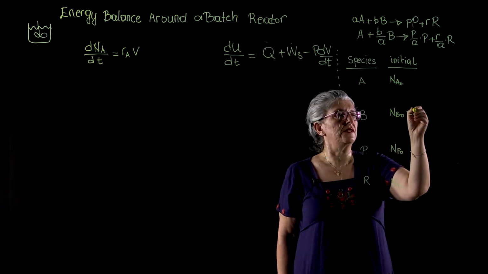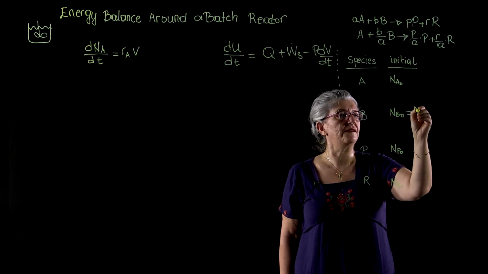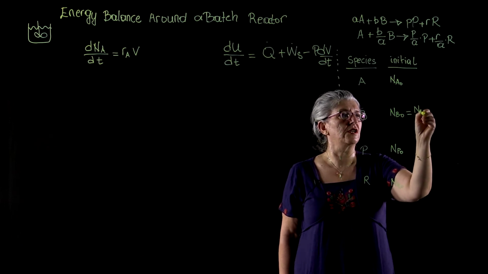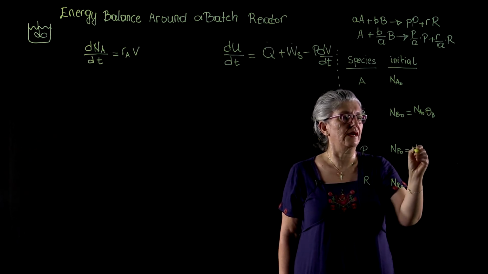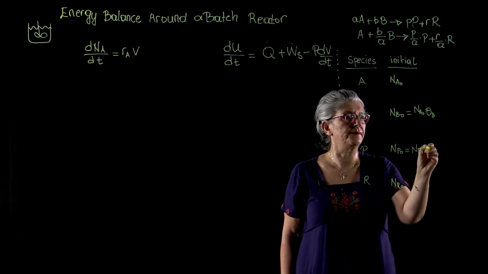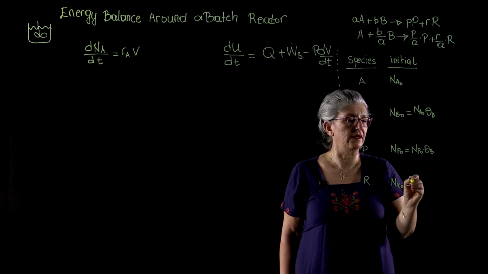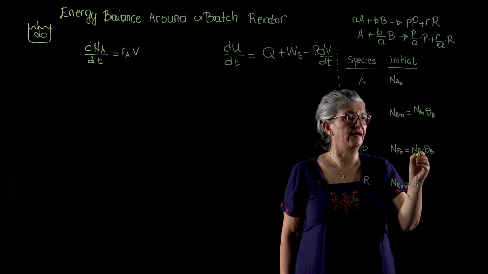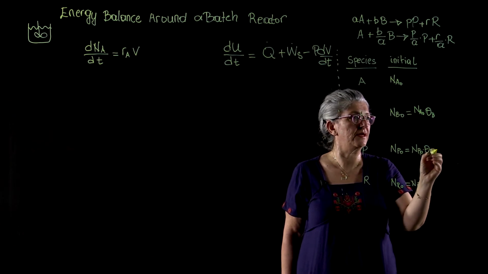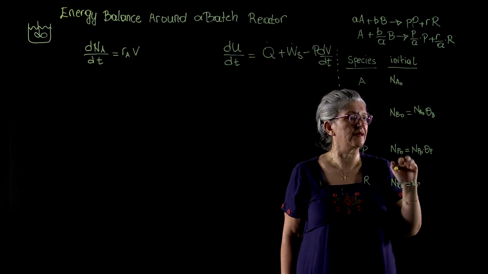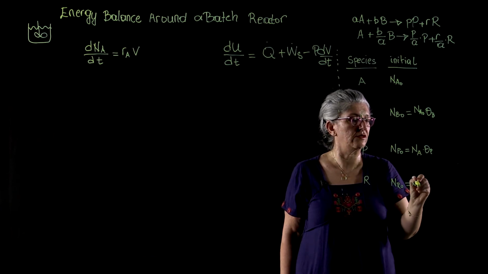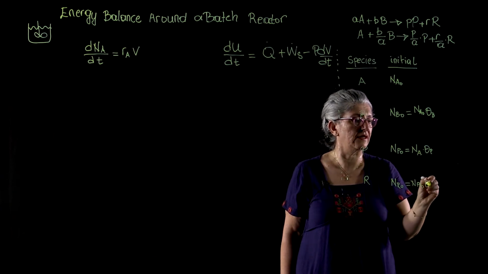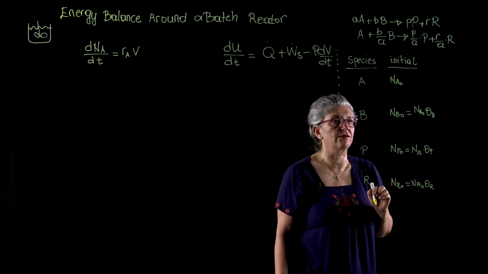As we have done in the previous case, we are going to have this as N_A0 times theta_B. This is going to be N_A0 times theta_P, and this is going to be N_A0 times theta_R. These are the initial ratios.